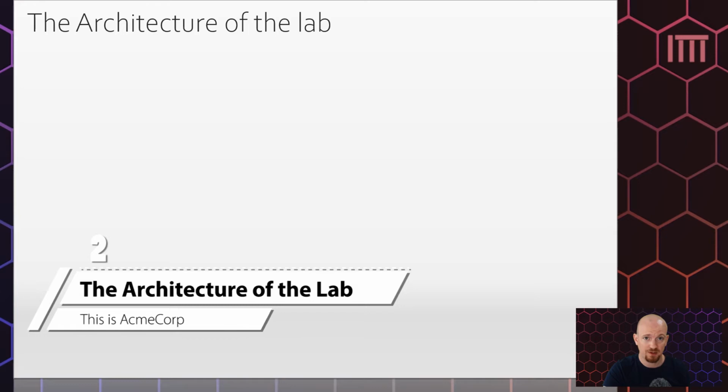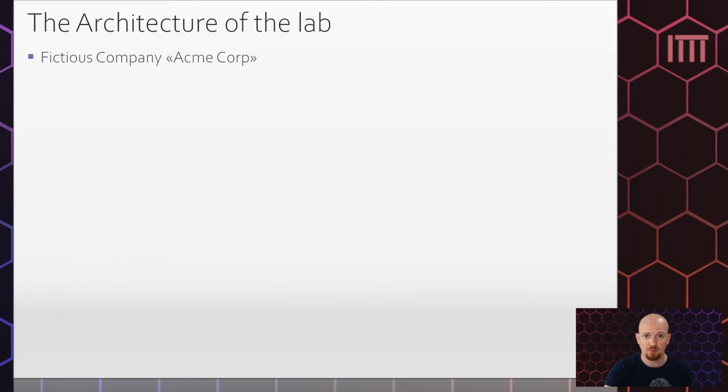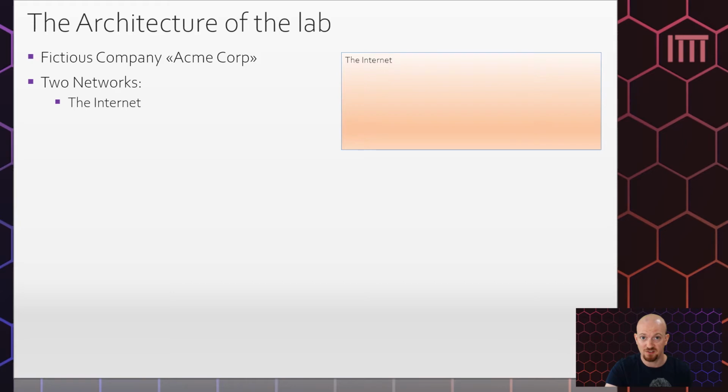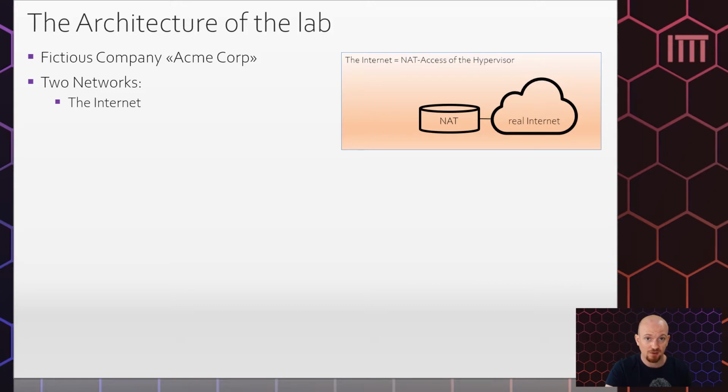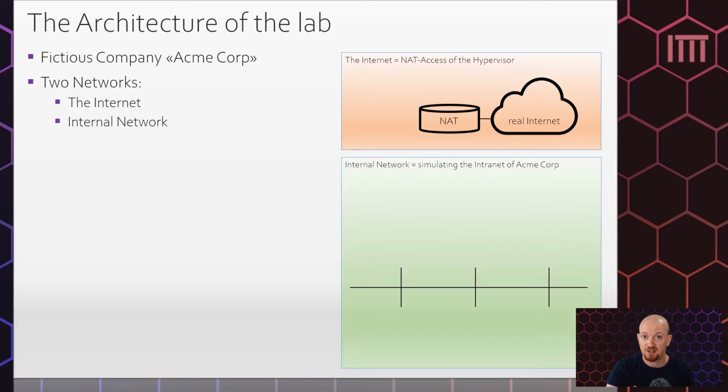For our lab, we're going to build a fictitious company called Acme Corp. Acme Corp will have two networks. One of these networks will be the Internet, which in fact is the NAT Internet access of Oracle VirtualBox, and the other will be the internal network, which will simulate the intranet of Acme Corp.